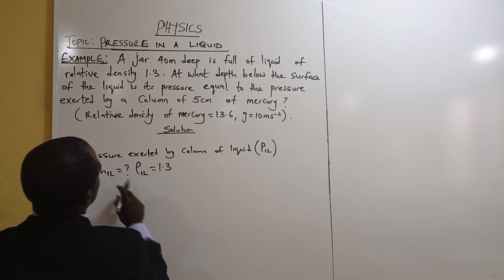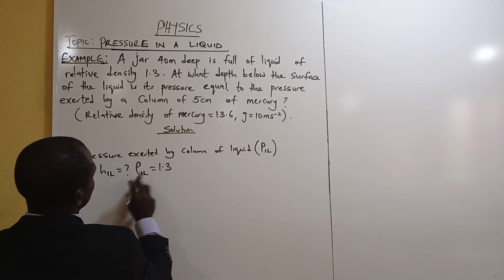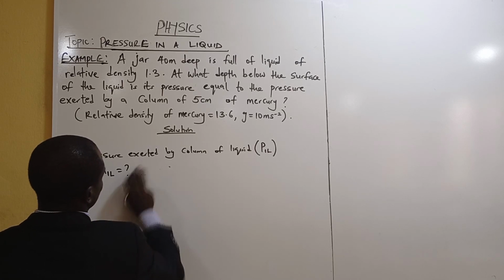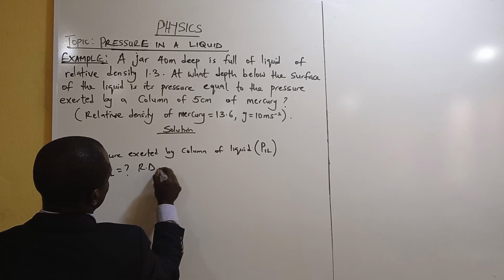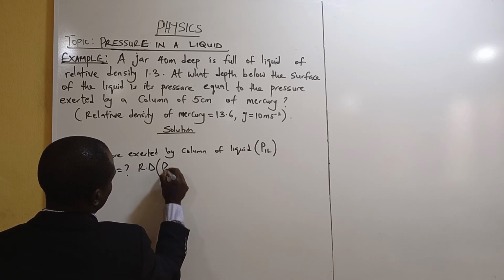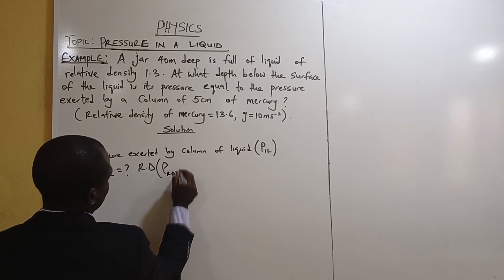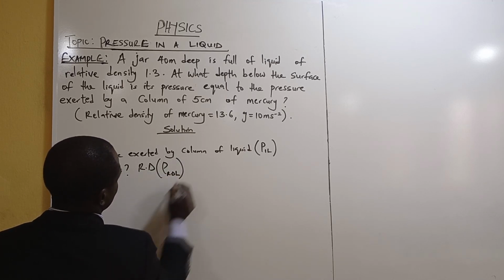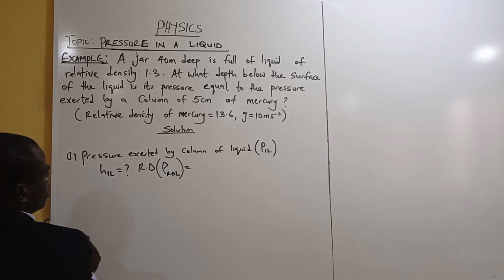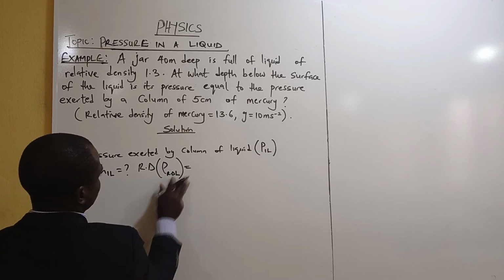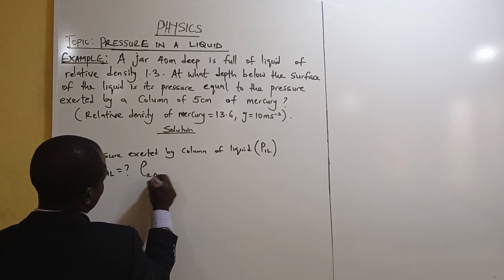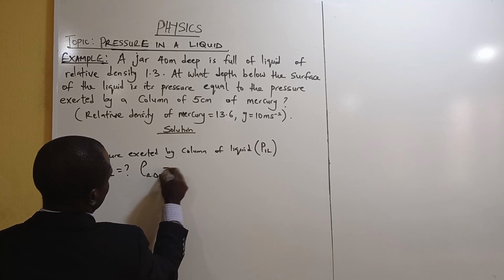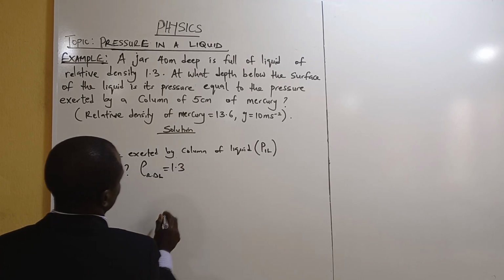Okay. Now since we know density to be rho, so that we don't get confused, let's put it as rho RDL, the relative density of the liquid, which is 1.3.